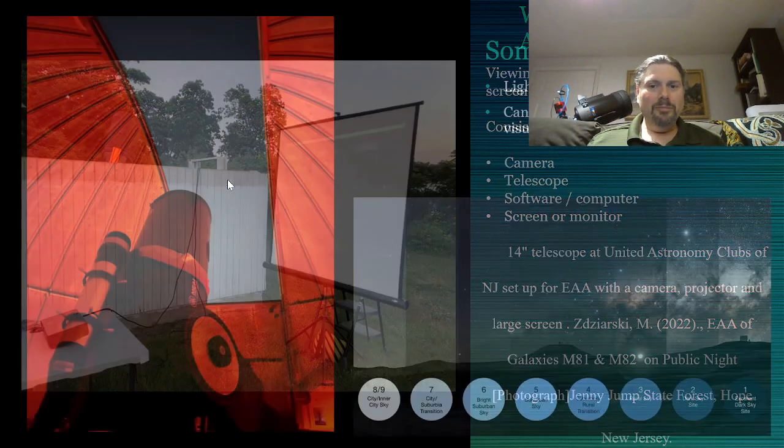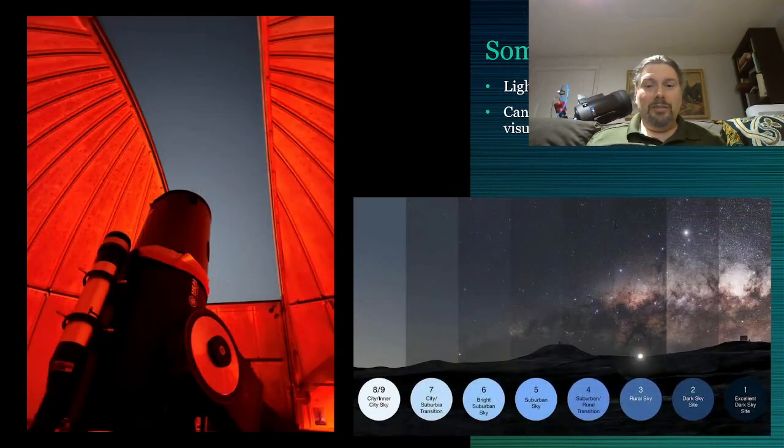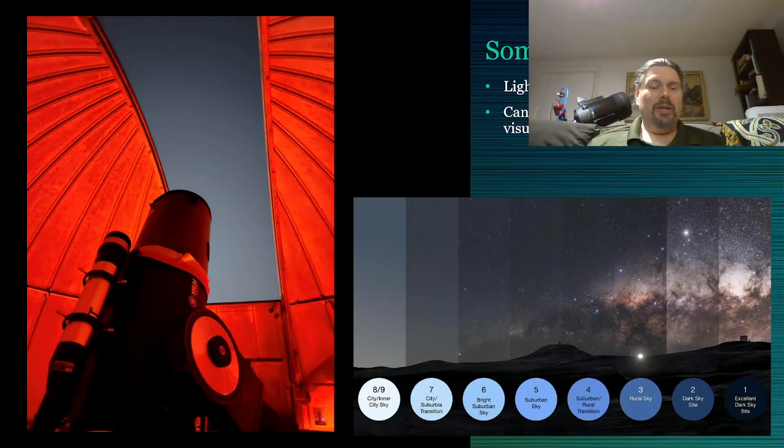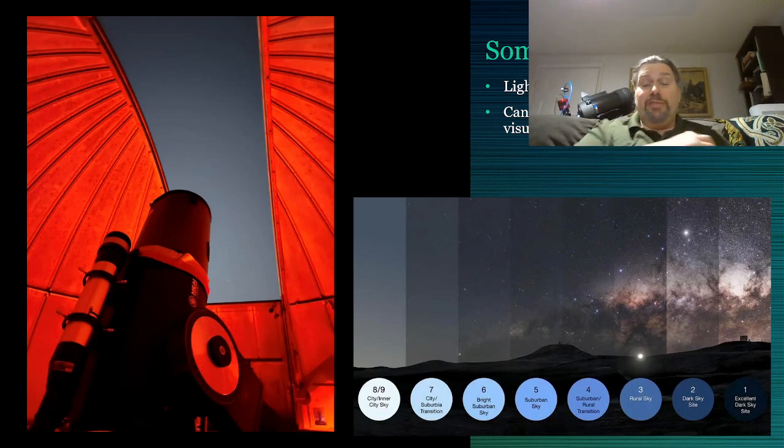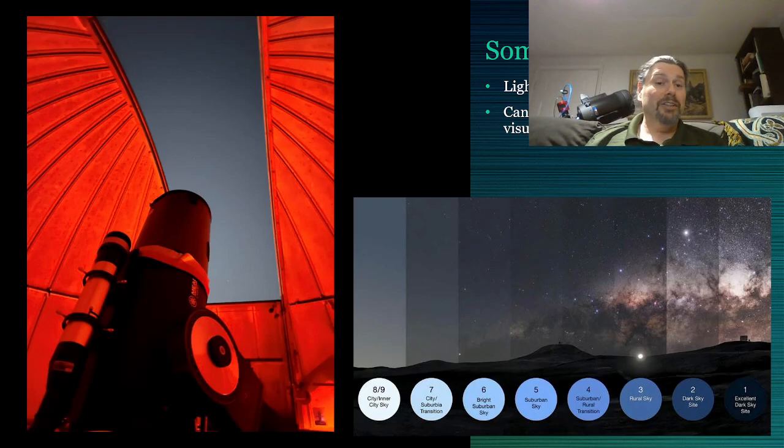Other benefits: light pollution is a problem. With the human eye, especially in cities and even bright suburbs, you can't see any of these deep sky objects anymore visually, or they're very difficult. Most of your education facilities, your schools, your colleges, are all in population centers, and they all tend to be lit up pretty bright.